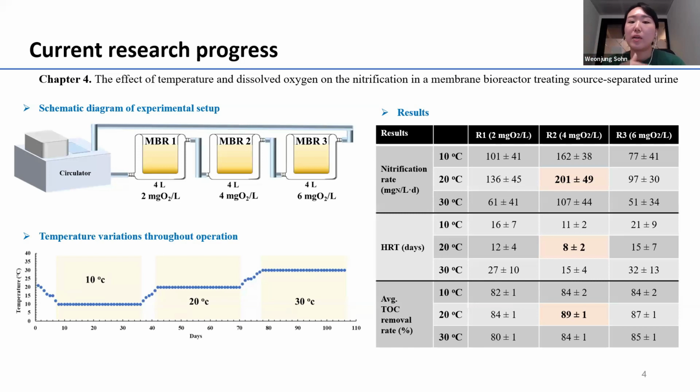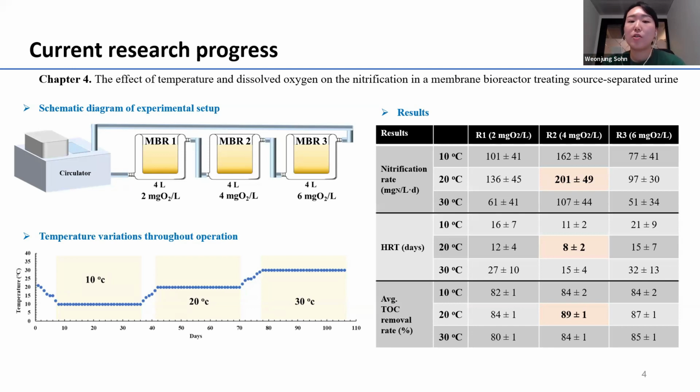So that's why I planned these temperature variations, to see how the nitrification rates and HRT can affect the nitrification rate of this urine-treating MBR.